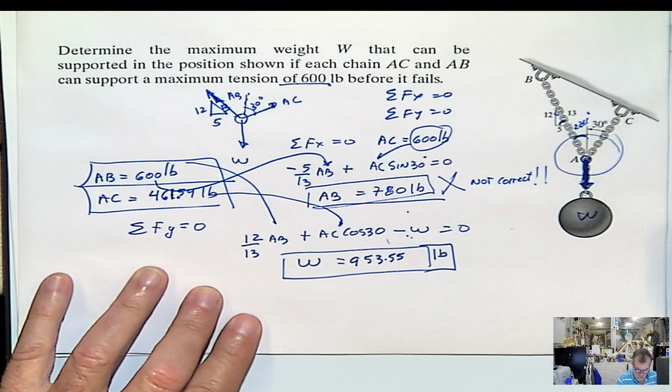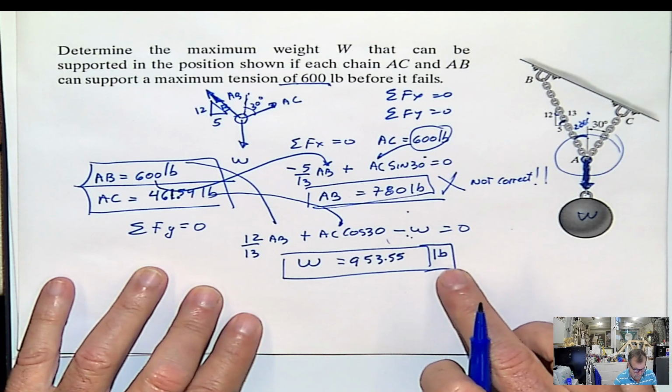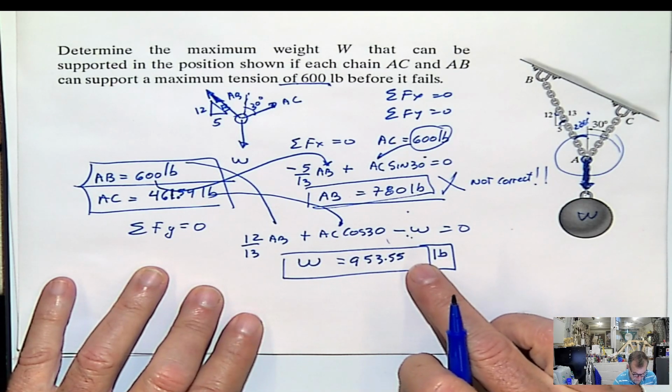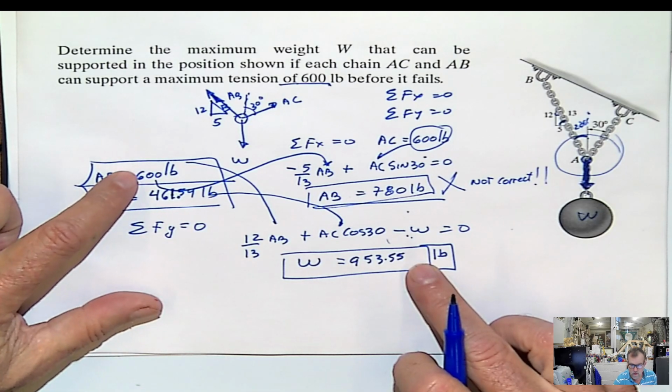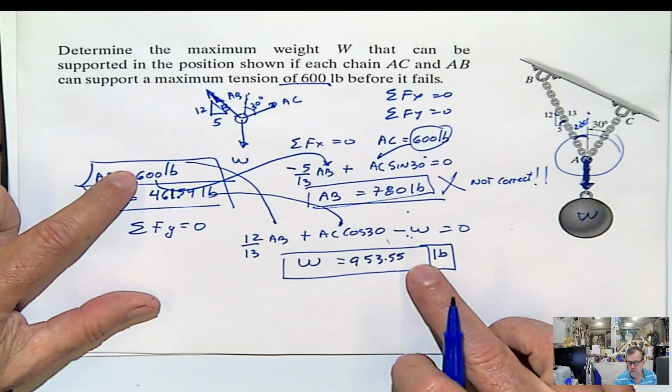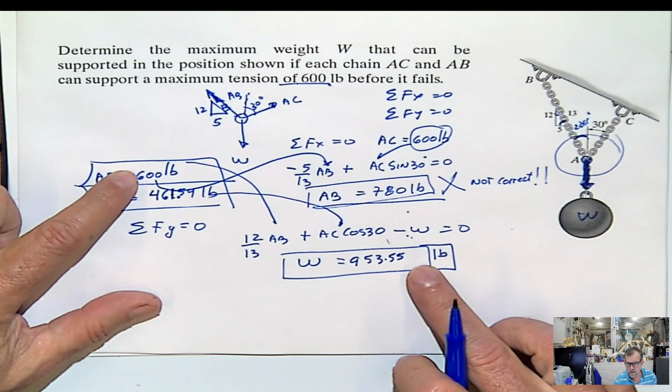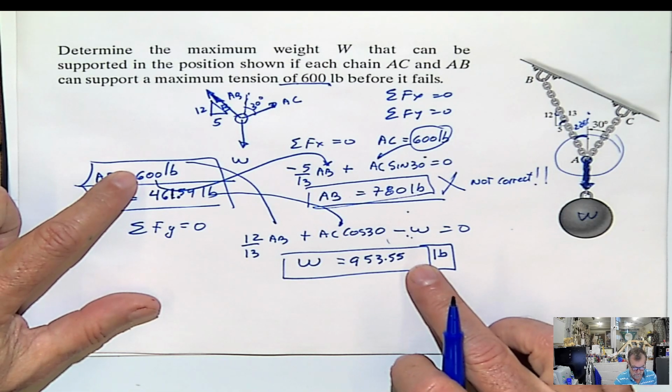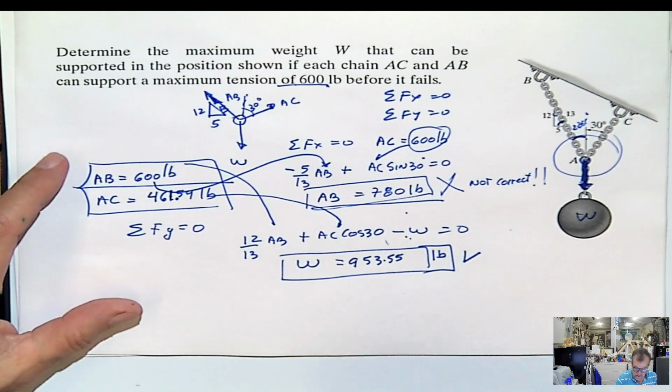Anything above this weight, if I hang something slightly bigger than that, will make the tension in that cable bigger and will collapse. So the answer will be this one.